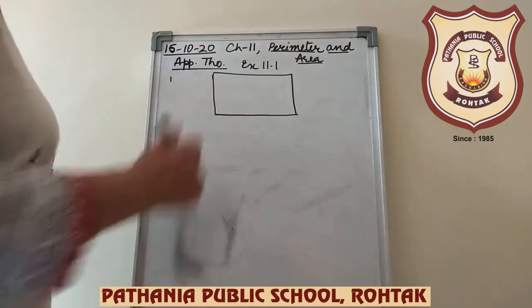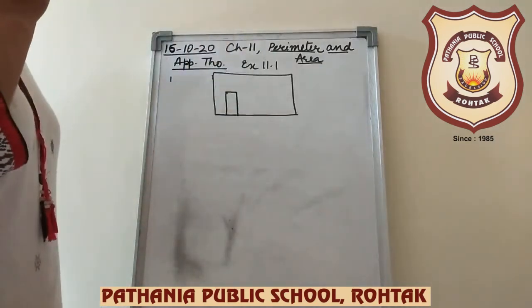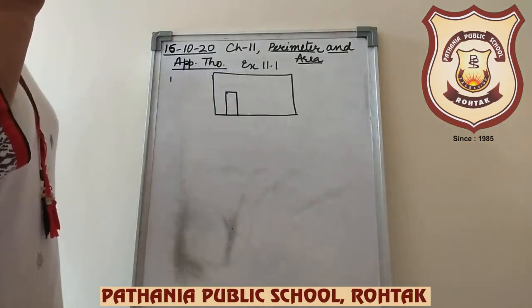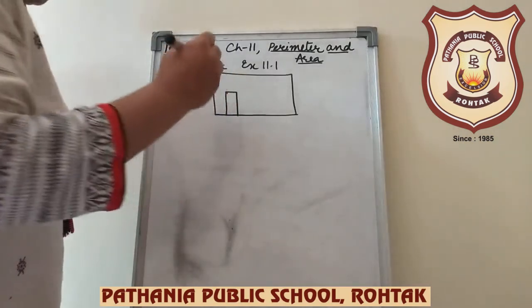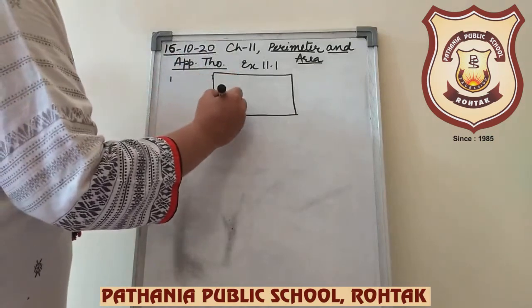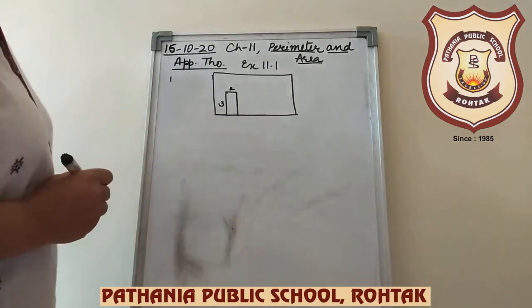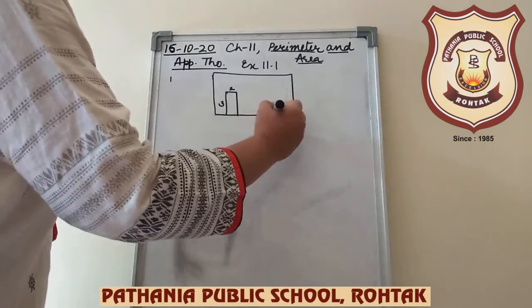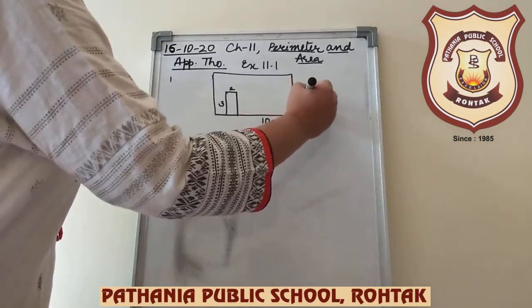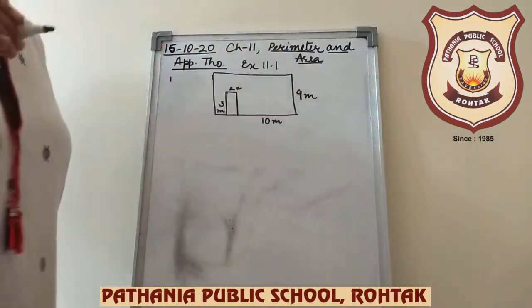In the wall there is a door, this is the door. It is 3 meter by 2 meter, and the wall is 10 meter by 9 meter. Now when I see all the units are of same length, so there is no problem.